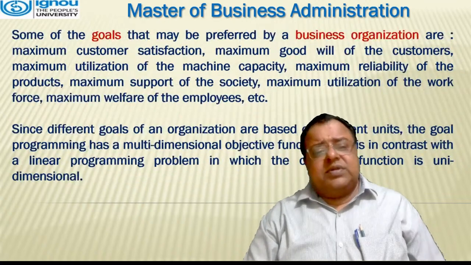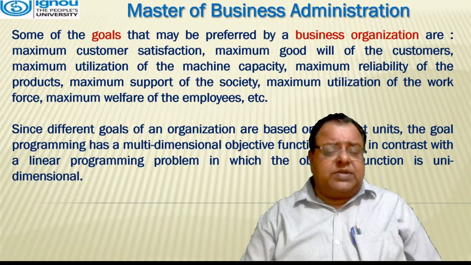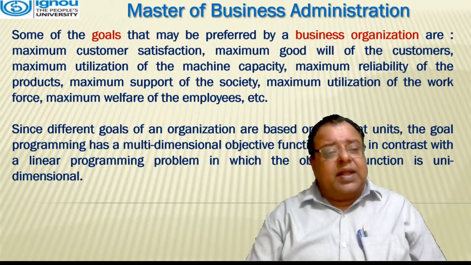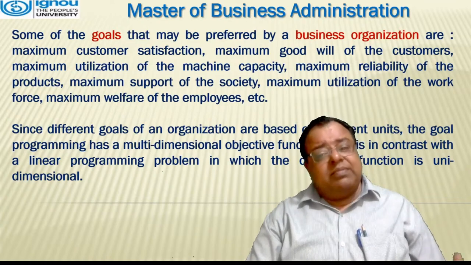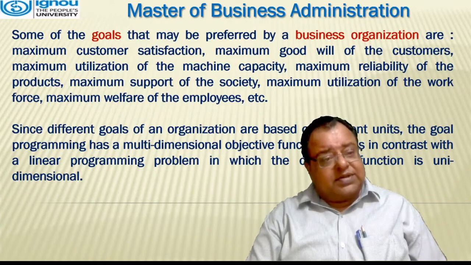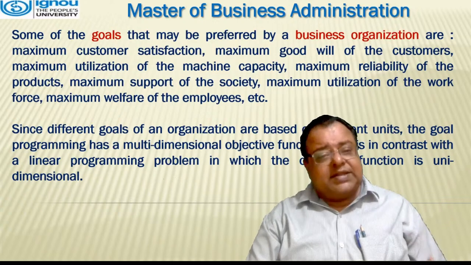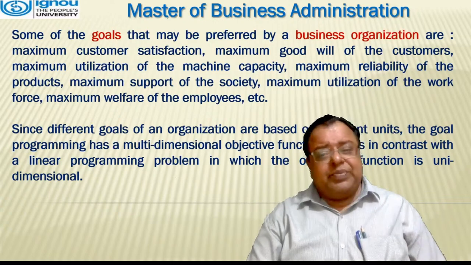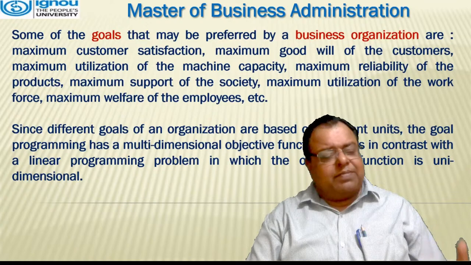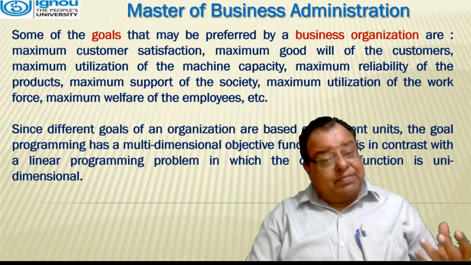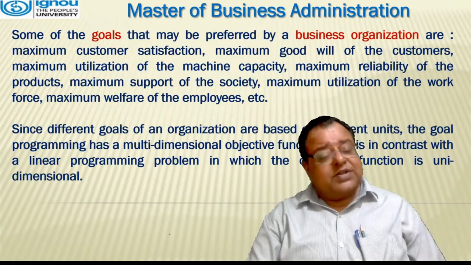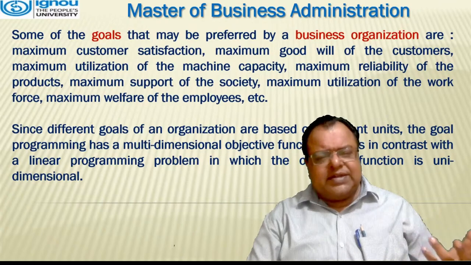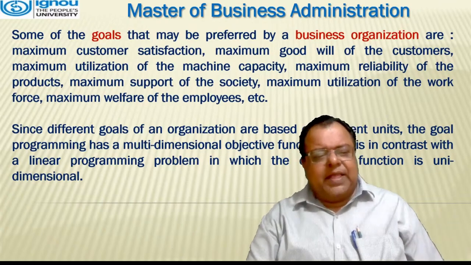Some of the goals that may be preferred by business organizations are maximum customer satisfaction, maximum goodwill of the customers, maximum utilization of the machine capacity, maximum reliability of the product, maximum support of the society, maximum utilization of the workforce, maximum welfare of the employees, etc. This list is not ending.